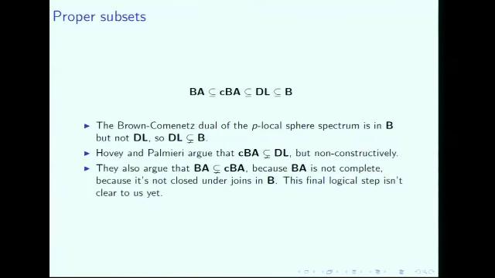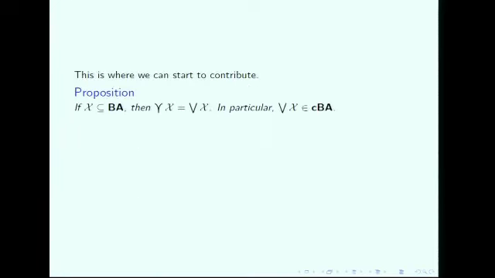We're still trying to understand what they meant by that. It's a subtle point. Maybe they even tripped up, or maybe they had already thought of but didn't write down what I'm about to say next. Anyway, this is basically the point where we can start to contribute.